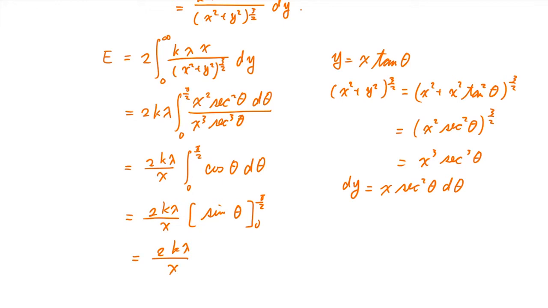You remember the form that we were anticipating? kq over r? x being r, our distance, and 2k lambda. So k is there, so 2 lambda is the same as q, your charge. How about that, huh? Any question before I continue?